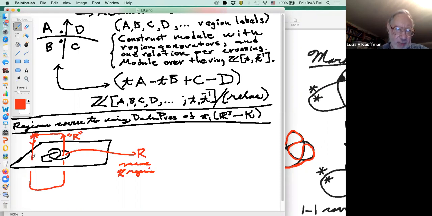And then you get a relation in the group at each crossing of this kind. If these were the fundamental group generators, it would be A, D inverse, C, D inverse equals 1. And these are reflections of that, but I won't describe it any further.